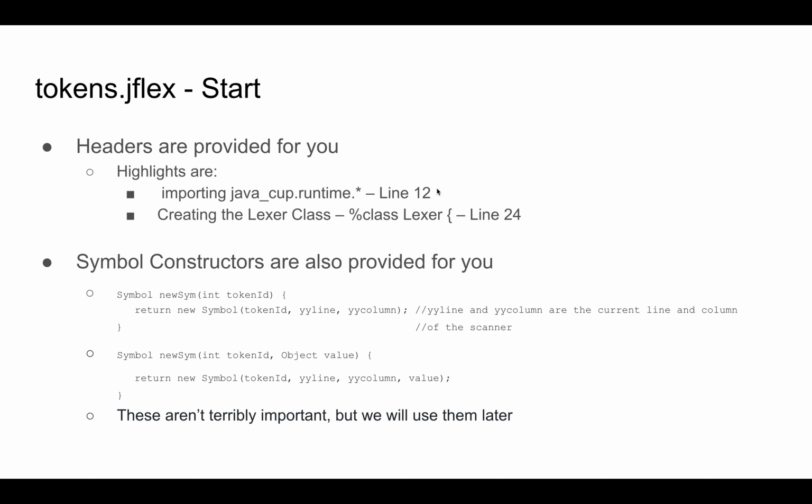Then it is followed by two symbol constructors. We'll be using the second one, which takes in the ID token and the value of the object. The yyline and yycolumn here are the current line and column number, the position of the scanner. For these two parts, you don't need to change them. You can just leave them there.